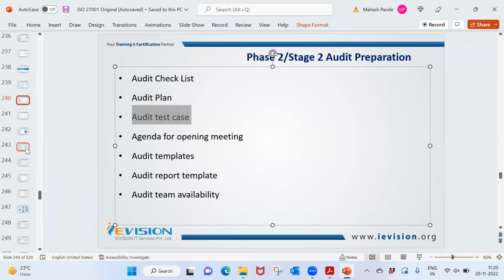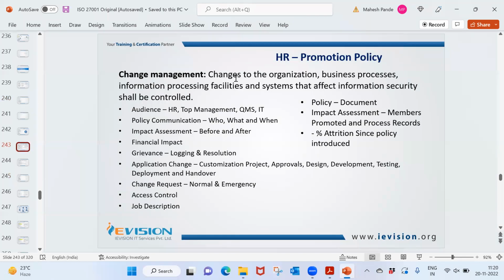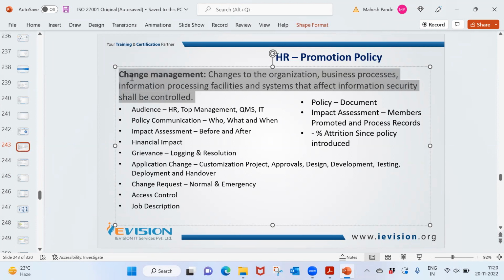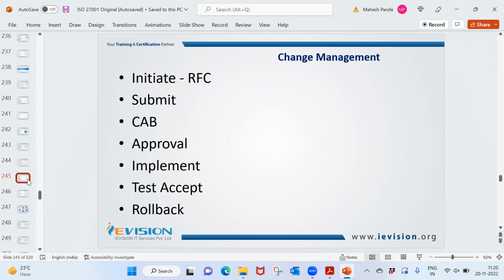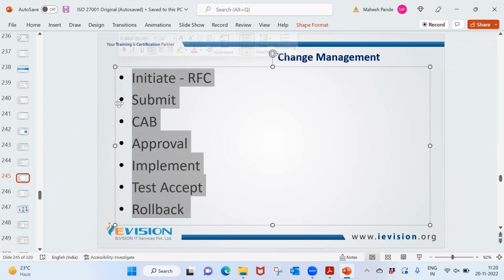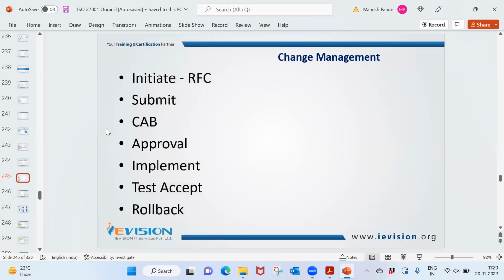We have selected a sample test to be collected for IT change management, taken from control A.12.1.2. Is that clear? Next, we requested participants' understanding of change management, and we have written that. Now I'm further elaborating on that change management process.